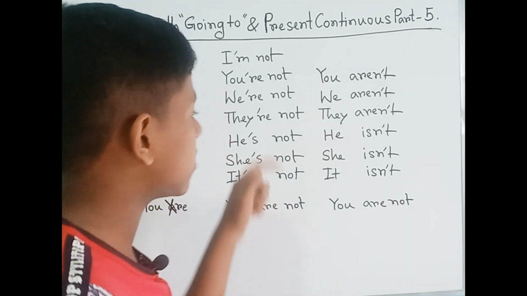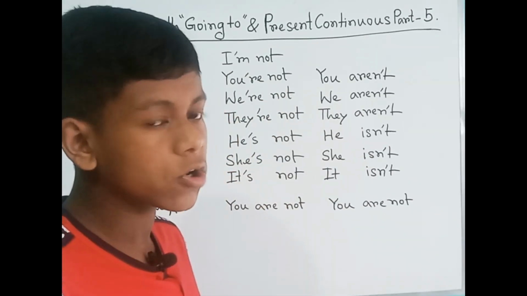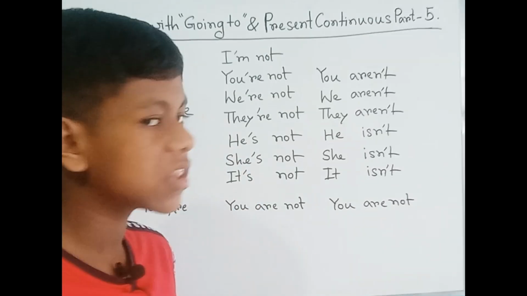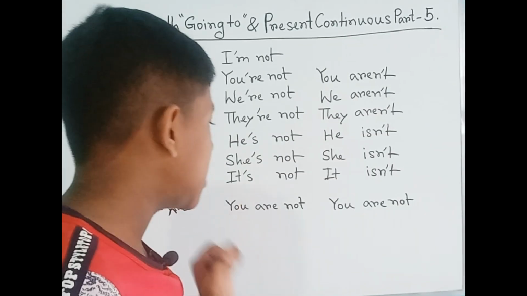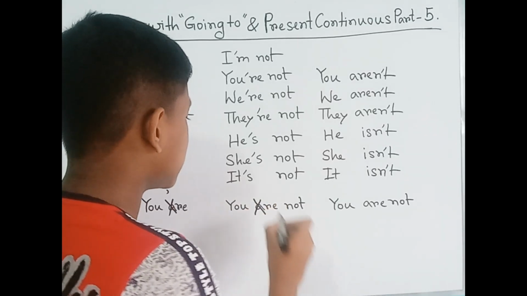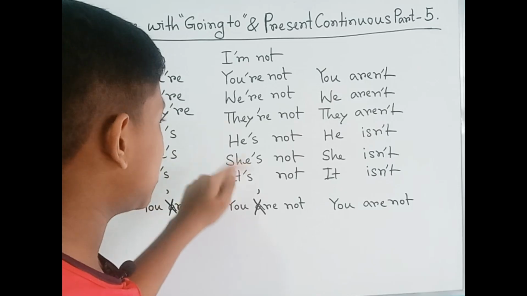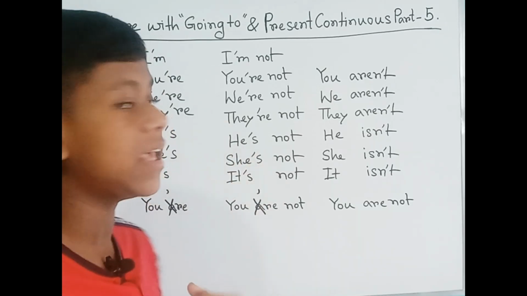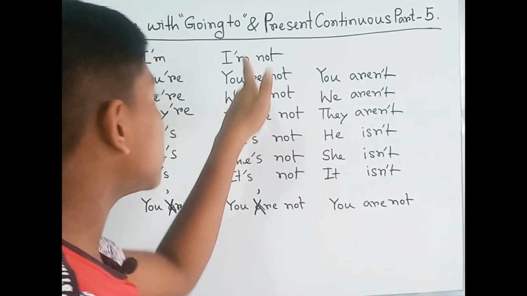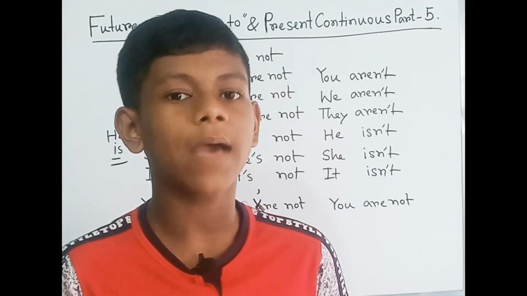So here: I'm not, you're not, we're not, they're not, he's not, she's not, it's not. During this, you have to drop the A and add the apostrophe, as in you're not. Same like he's, which indicates he is. At that time you have to drop the I, then add the apostrophe.